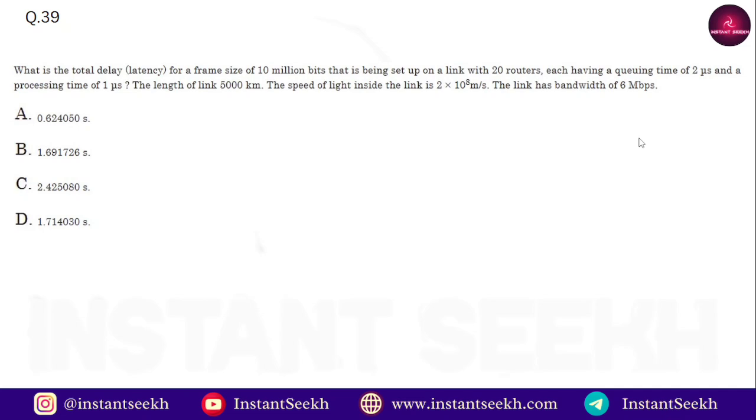So let's go through this. First of all, frame size is given. Let me write it down. Frame size is 10 raised to 7, that is 10 million bits, that is 10 raised to 7 bits.